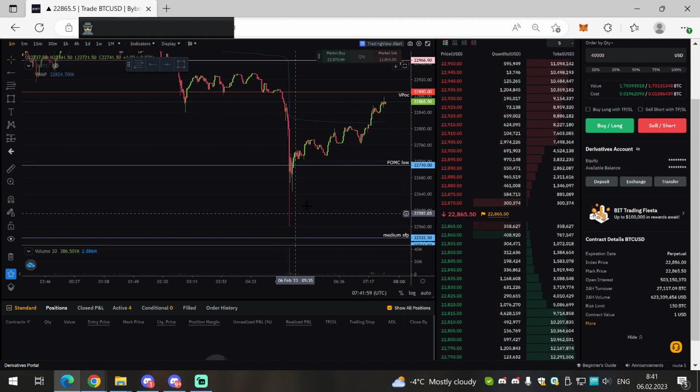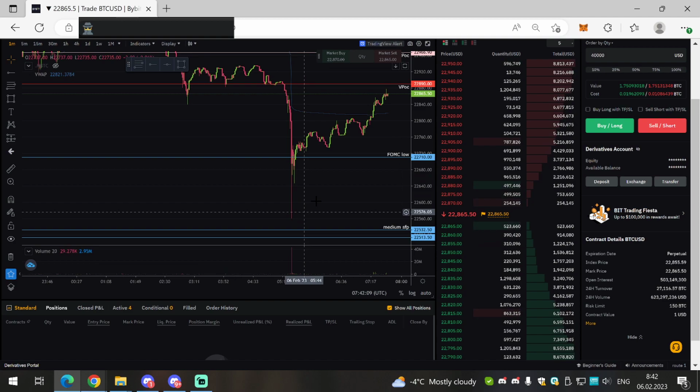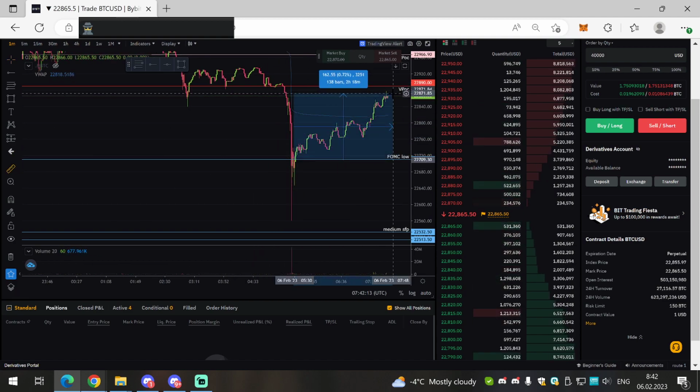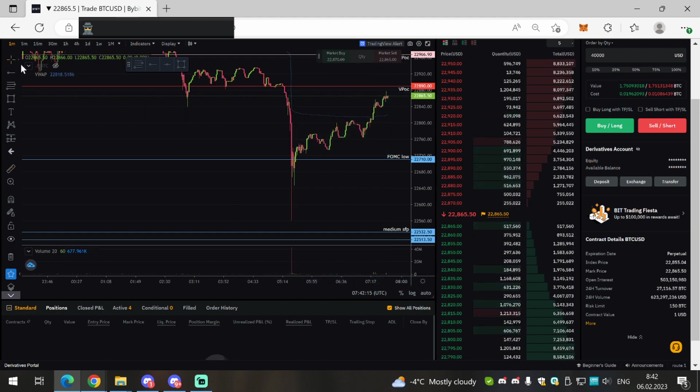You squeezed out a lot of people from the weekend as well, and you started to close above this swing failure pattern. So swing failure pattern traders are also jumping aboard, as you know, and they are placing stop loss behind the low and enjoying the move to the upside. So even if you took it as a swing failure pattern, very conservative, then you had already a really nice move as well.